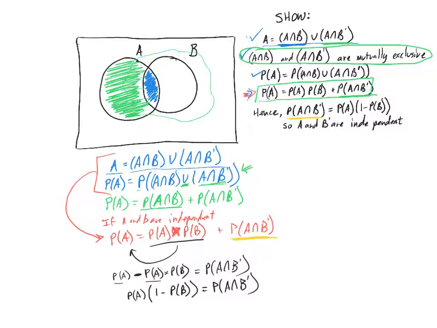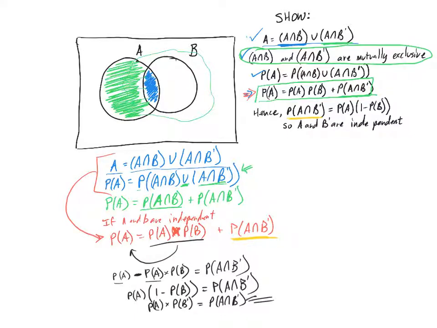So we've now shown that this is true if A and B are independent, right? So this still hinges on A and B being independent. Now, 1 minus P(B) is the complement of P(B), so this is really P(A) times P(not B) is equal to P(A intersection not B).